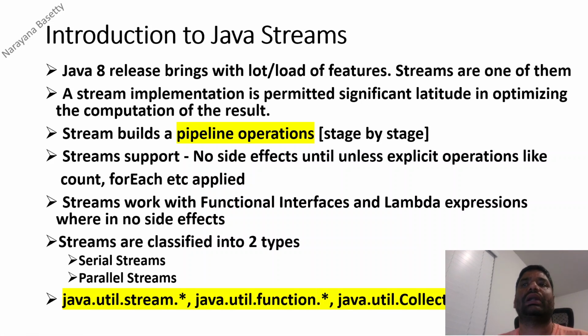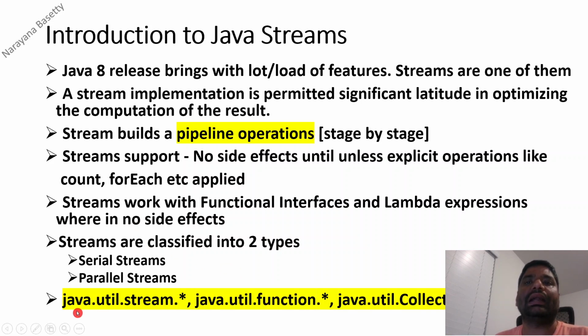So let us work with this. Streams work heavily with the functional interfaces programming model and lambda expressions. The code we used to write as boilerplate has been reduced and simplified into a single line of code, or you can use the staging operations, which we call lambda expressions, where there are no side effects.